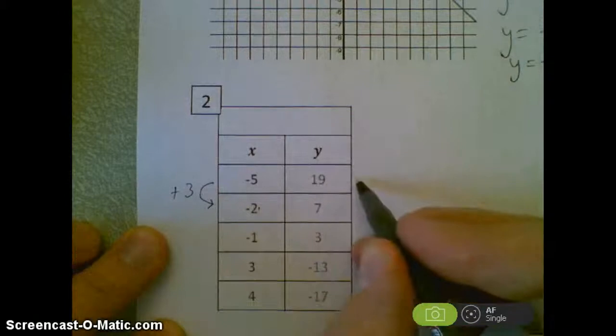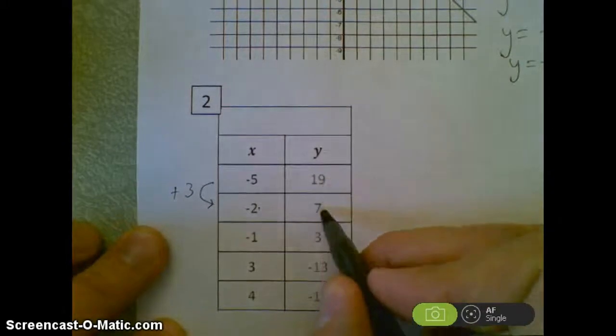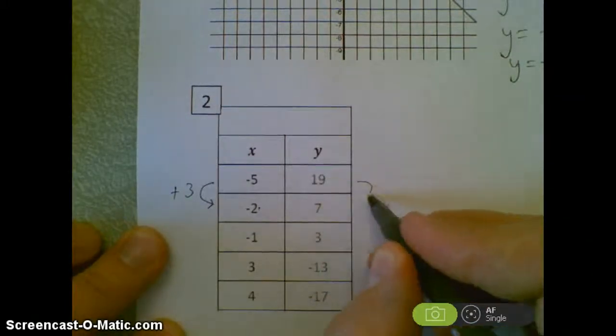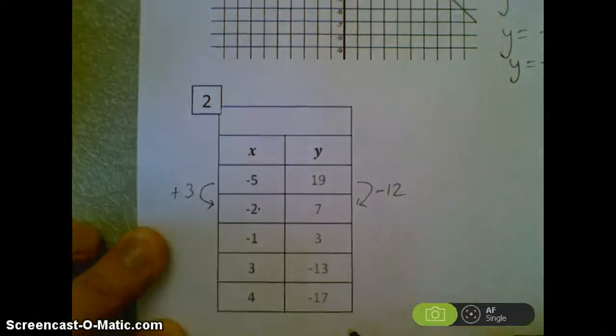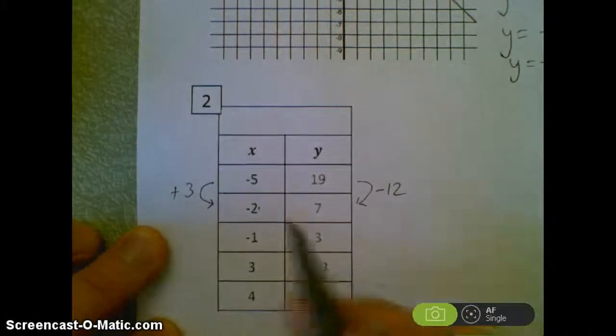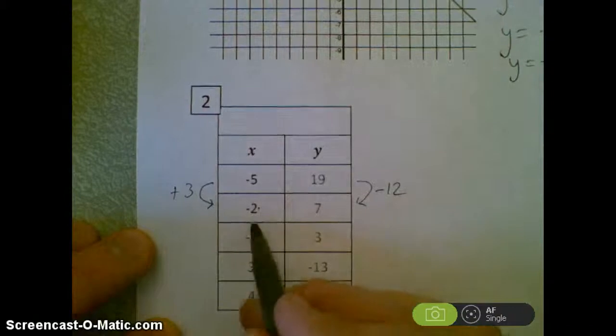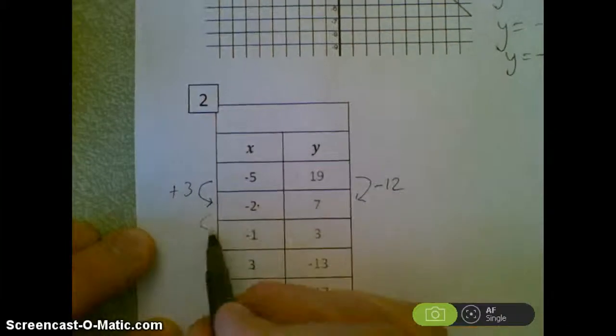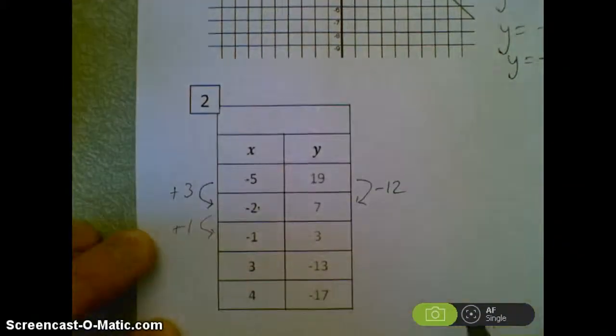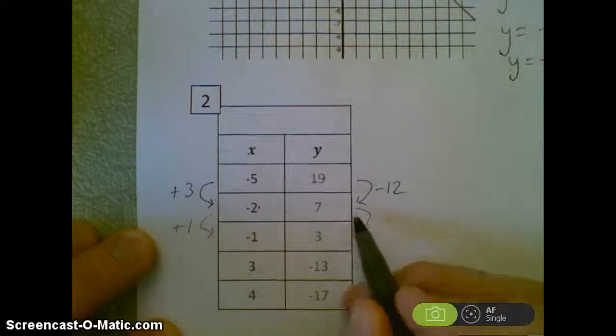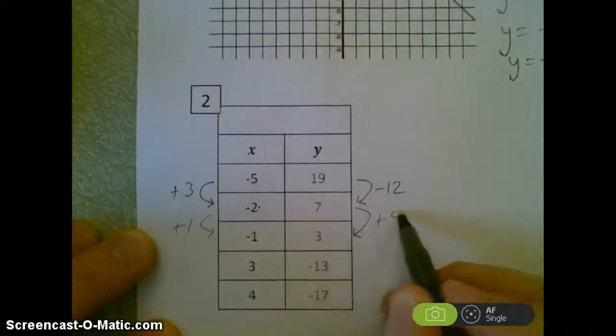When you add 3 to x, to get from 19 to 7, you've got to subtract 12. Now the next change was adding 1. And this one, from 7 to 3, is subtract 4.